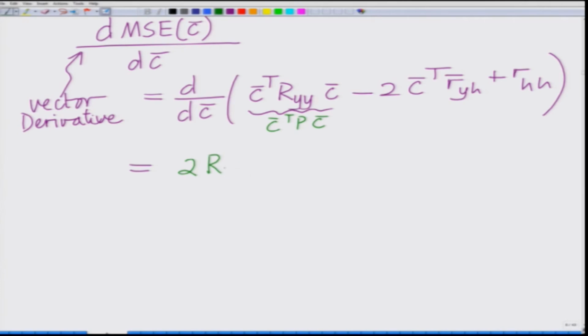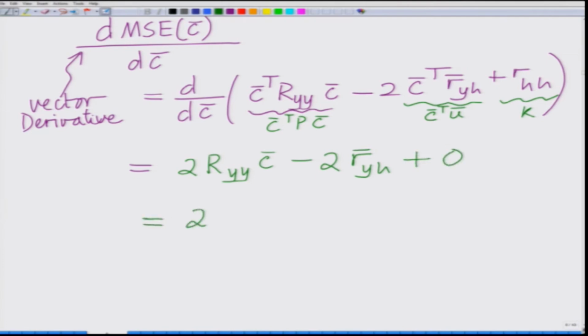So it will be twice the matrix R yy times C bar, minus, this is of the form C bar transpose u bar, so its derivative is u bar, that is R bar yh. And R hh is a constant k, so its derivative with respect to C bar equals 0.